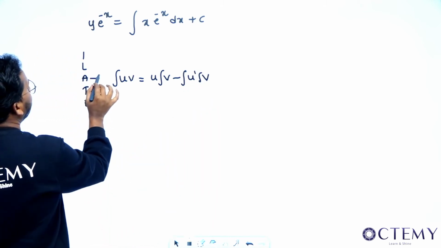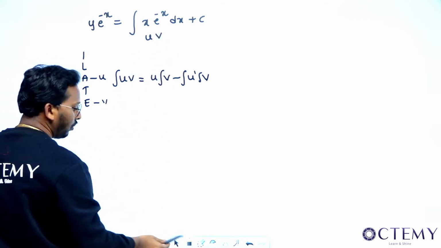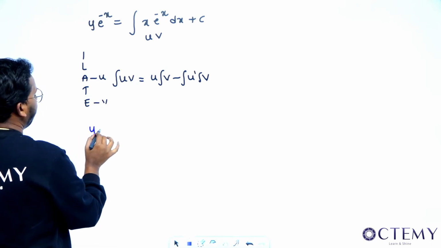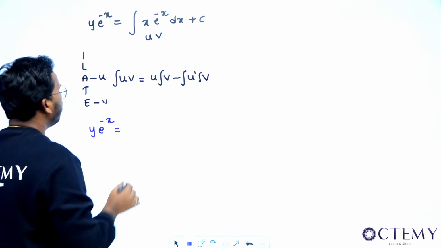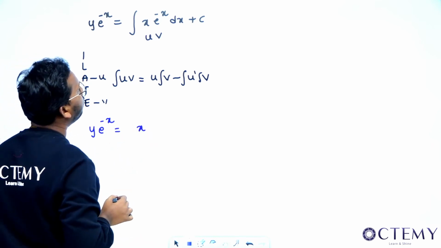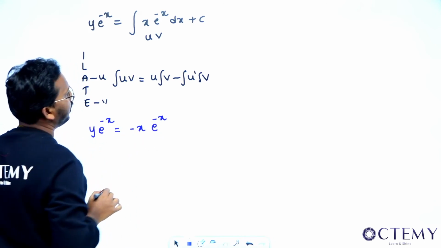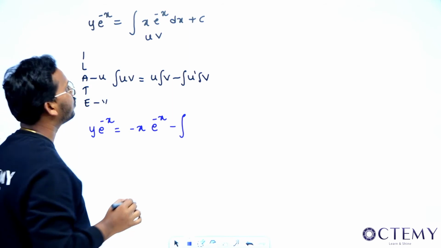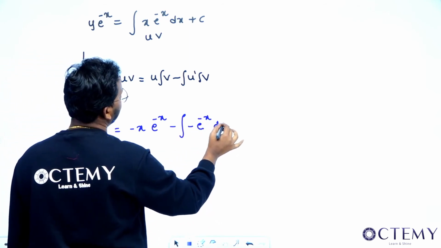So this is your u, this is your v. If I apply it, see what I'm going to get: y into e power minus x is equal to u, that is x, into integral of v, e power minus x, which is minus e power minus x, minus integral of u dash, that is 1, into minus e power minus x dx, plus c.